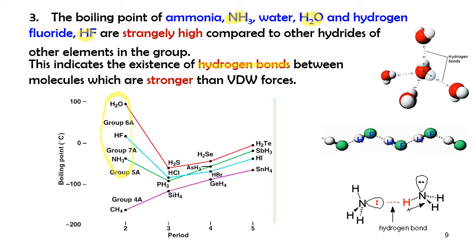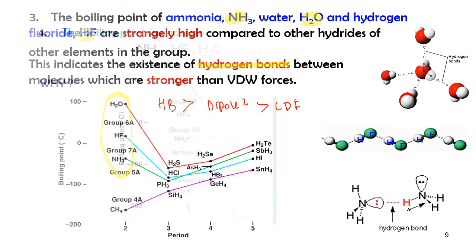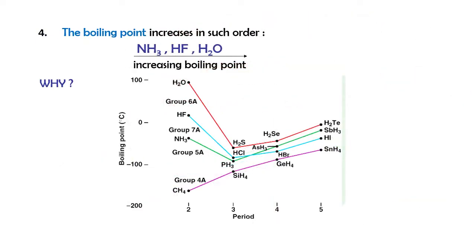Hydrogen bond, remember that the strongest is hydrogen bond compared to dipole and compared to London dispersion forces. Okay, so this is the trend, and when you want to show the increasing order, write in this form.